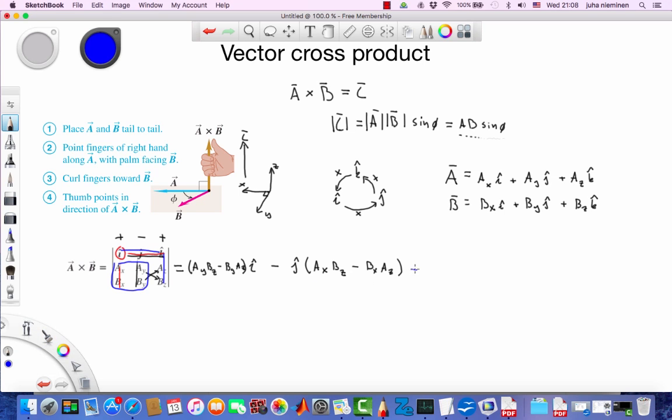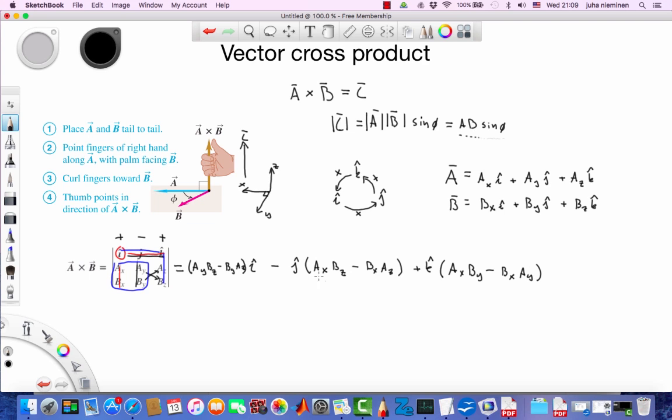And that's going to be k, and in fact positive k, and we have ax times by minus bx times ay.